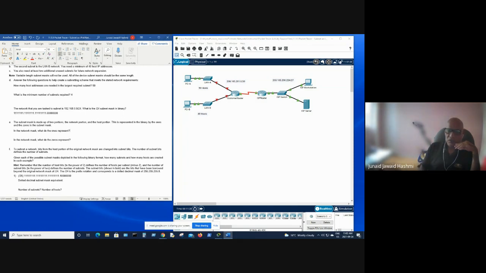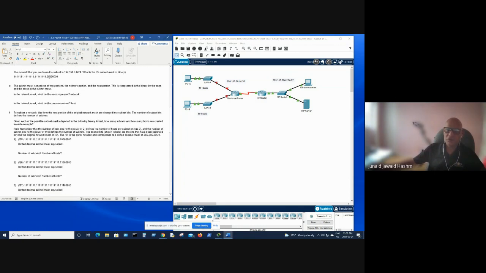Okay, so all ones means network. In the network mask, what do the zeros mean? Host. All zeros means that this octet belongs to the host.